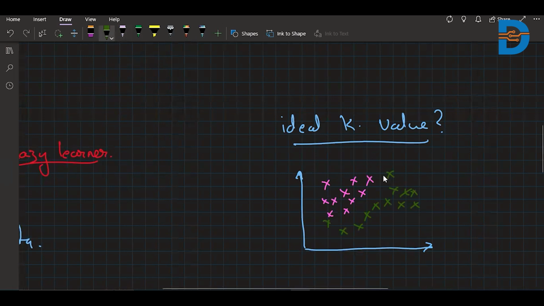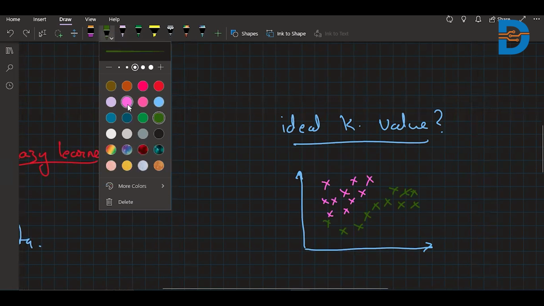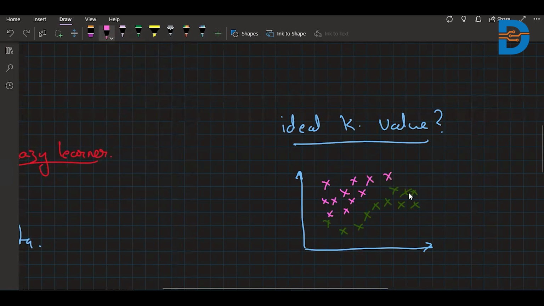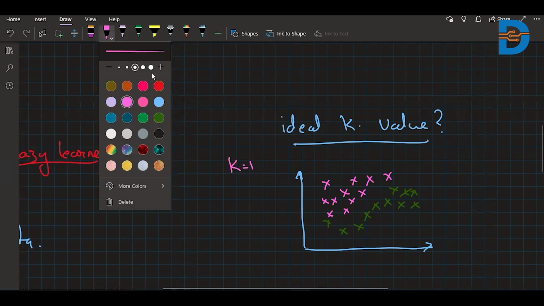Just do this so that it becomes more intuitive. Okay. So when your k value is low, let's say start with k equal to 1. In this particular case, it essentially means look at your first nearest neighbor and take up its form, right?